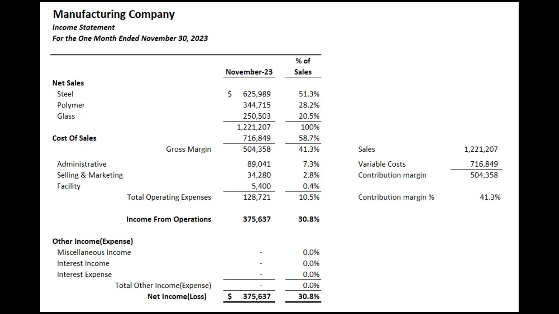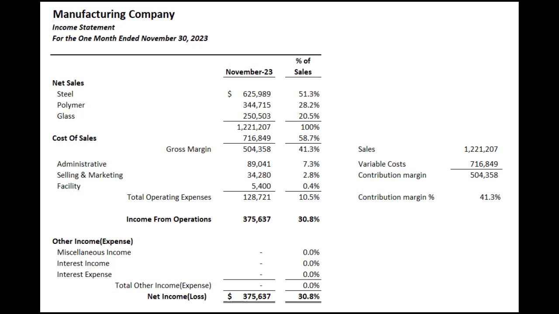And now we need to determine our contribution margin percent. This number right here, this 41.3, is just a simple division of 504,000, our contribution margin, divided by the sales of 1.2 million. So now we have our contribution margin of 41.3%.